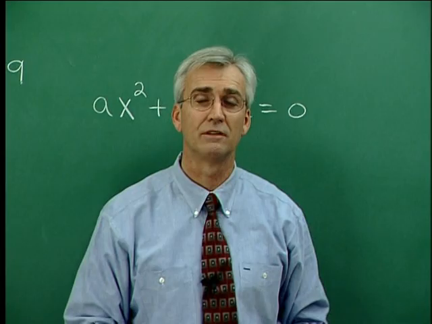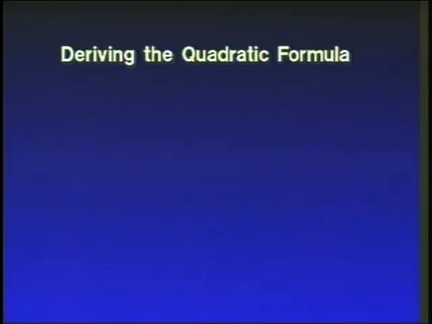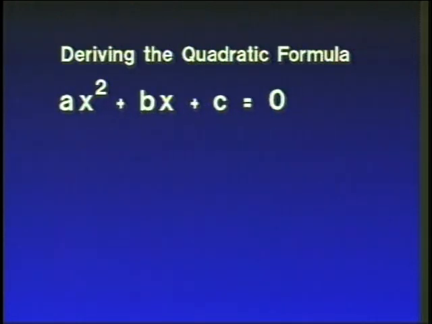Here's how it's derived. To derive the quadratic formula, we begin with the general form of the quadratic equation. Now we're going to apply the method of completing the square. Our first thought is perhaps to change out our constant term. That is, let's get rid of the constant term on the left side of our equation. We'll subtract c on both sides.